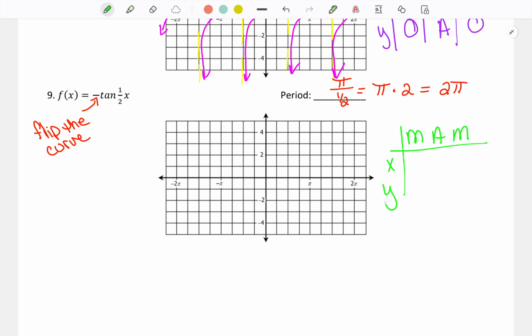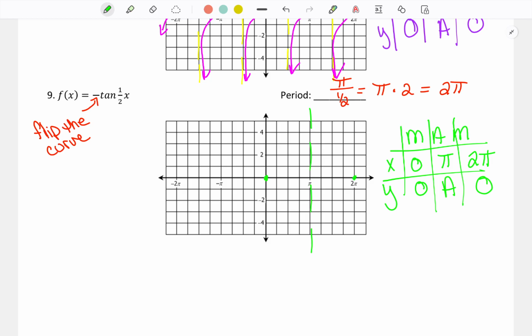So we have x at 0, and then our middle is at 2 pi. So halfway in between is pi. So we'll be at 0 at both of our middles, and then we have that asymptote at pi. So at pi we have the asymptote. At 0 we have a middle.